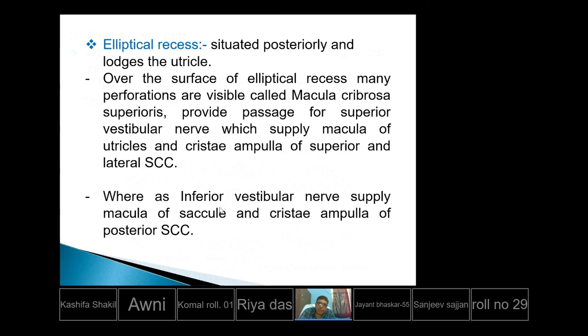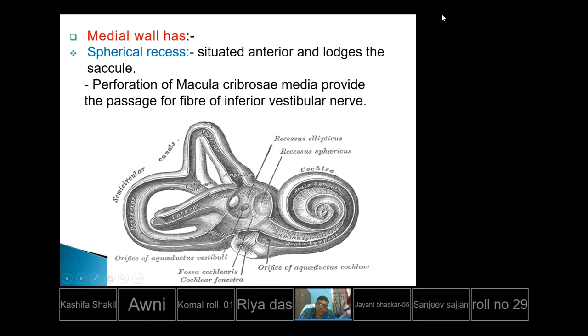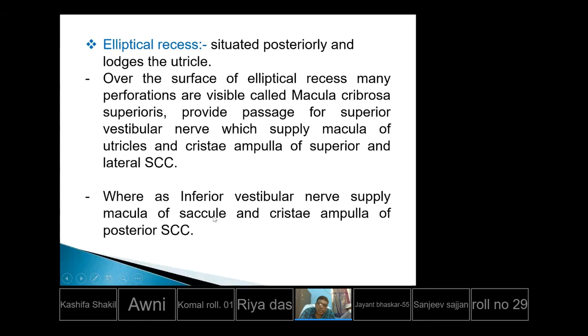This surface also has multiple perforations for the superior vestibular nerves, which supply the macula of the utricle and the crista ampullaris of the superior and lateral semicircular canals.